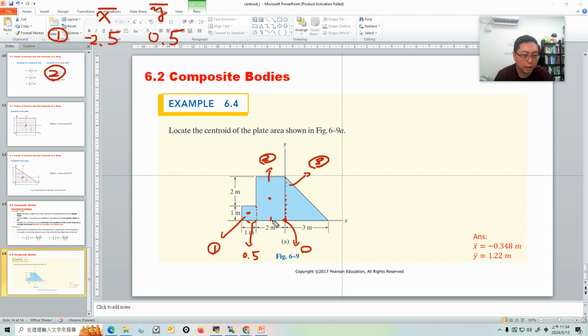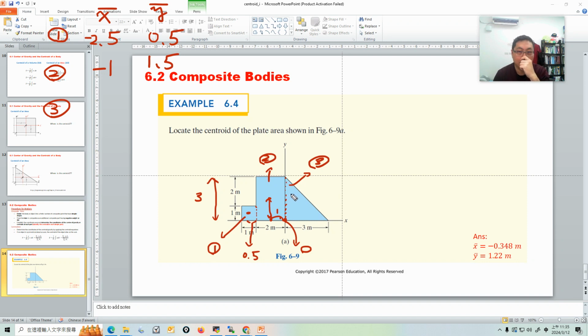So here is 1, so it's -1. And what about the y component of the centroid of area 2? Be careful that the total height here is 3, so the centroid must be 1.5, right?